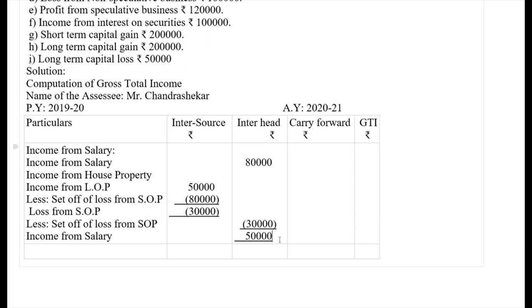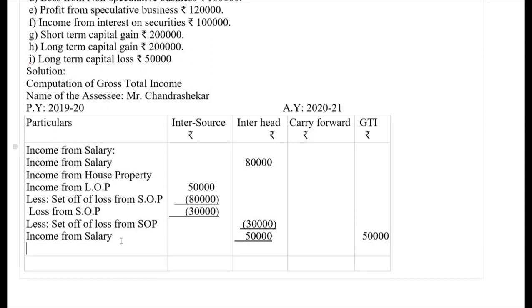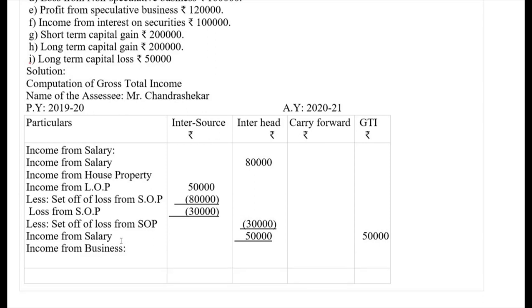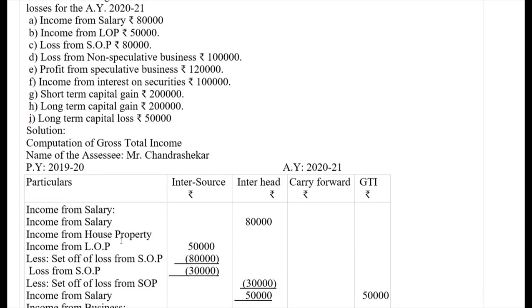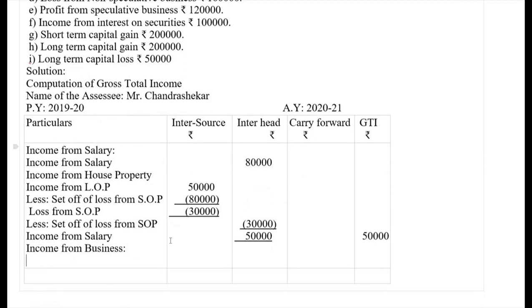So the GTI column, then the next one comes here, business head, that is income from business. Under the business head here we have got profit from speculative business, and we have got loss from non-speculative business. The loss from non-speculative can be adjusted against a profit from speculation here.